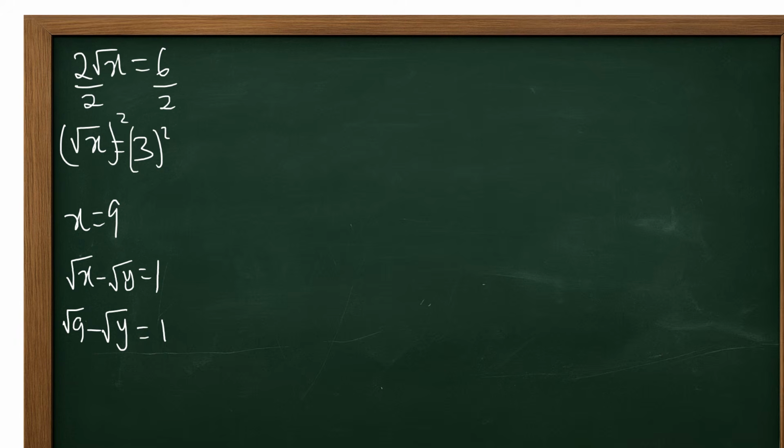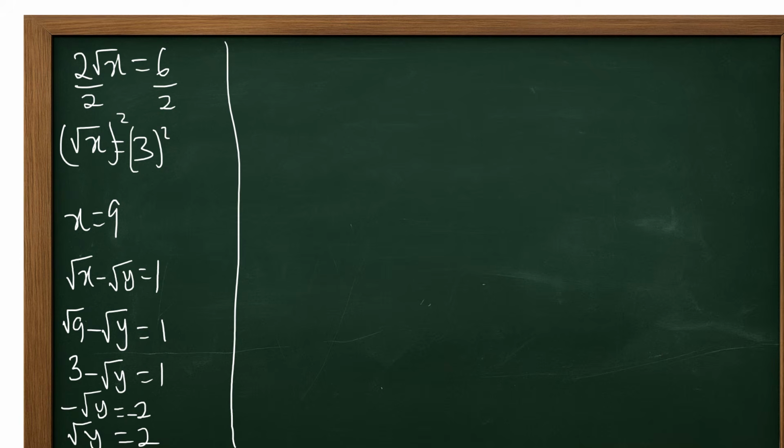Simplifying this further, square root of 9 is 3, minus the square root of y equals 1. So the square root of y is going to be 1 minus 3, which is negative 2. So the square root of y equals 2. From here, you can see that y is going to be 4.